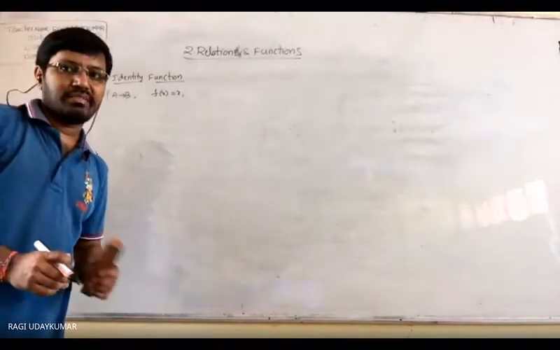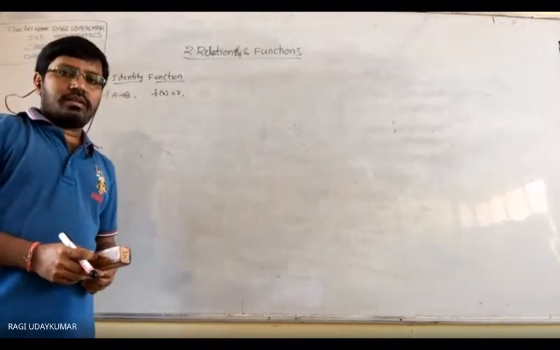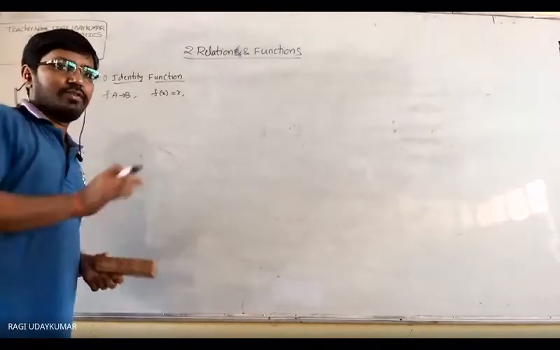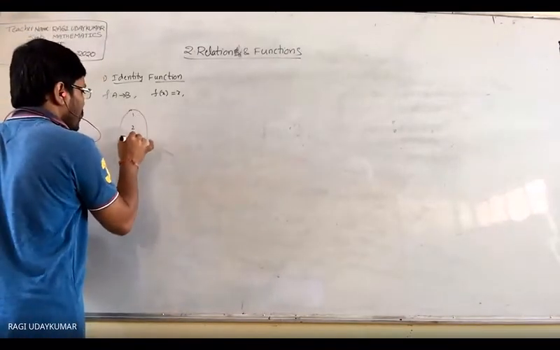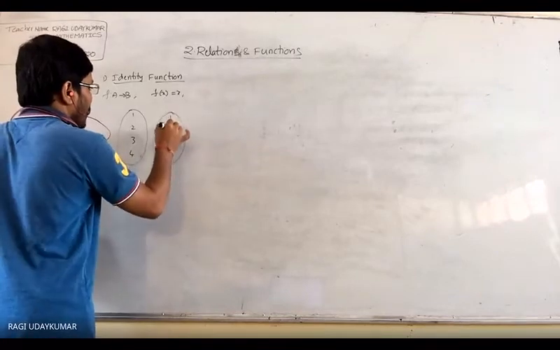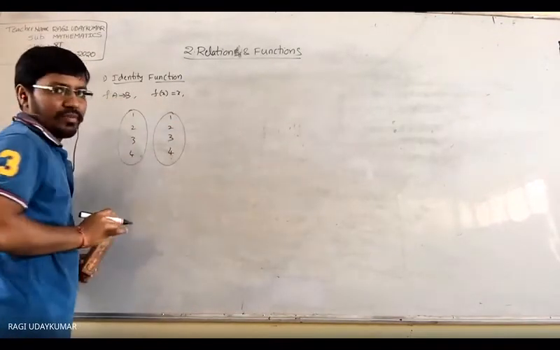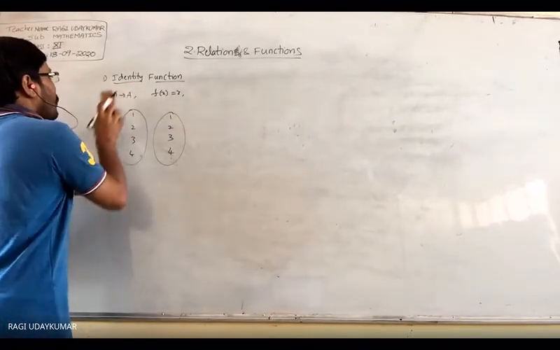It may be taken from real numbers to real numbers, or from natural numbers to natural numbers. Simple thing is, if here you have 1, 2, 3, 4, and here you have 1, 2, 3, 4, both sets should be the same. A to A is better to take.